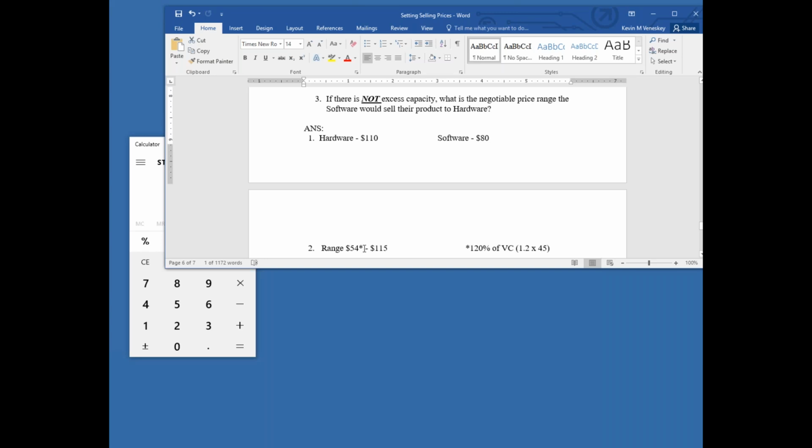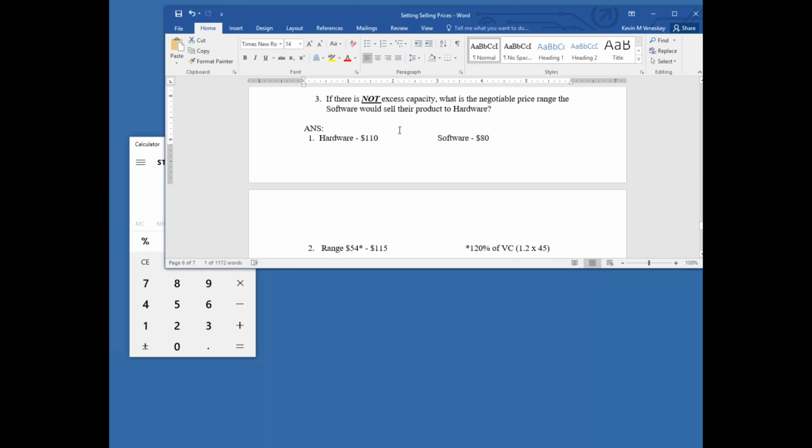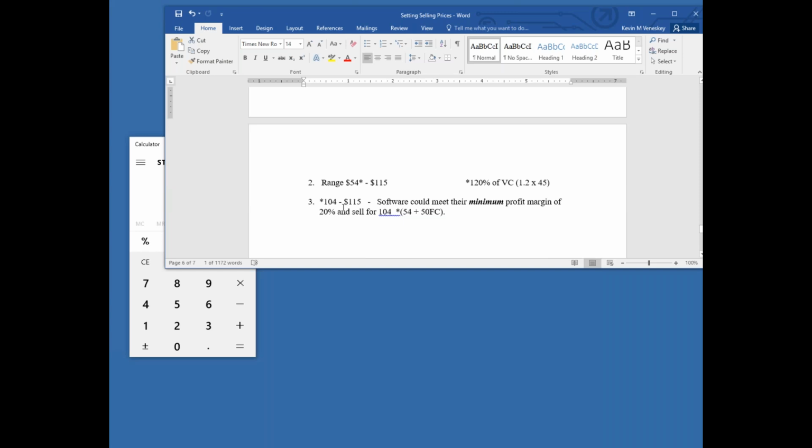So if they came together and said, hey, I'll buy it from you for $90, both places would be happy. The software would still be making money as long as their fixed costs are covered elsewhere. And the hardware company's not having to spend as much on the same product. The final thing I asked here, if there was not any excess capacity, what would be the price range?